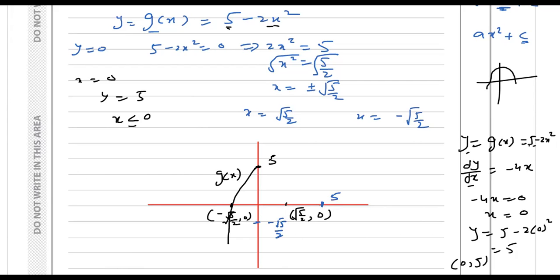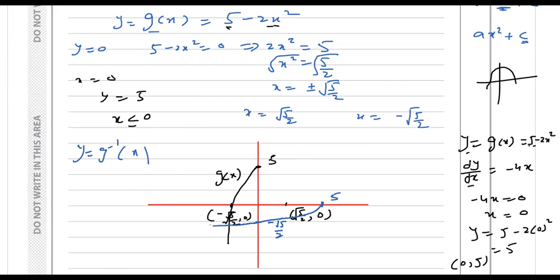So that 5 will be here, and then you will not go to the positive side of the y-axis, because the condition for g of x was x less than or equal to 0. So when you take g inverse x, you will not go to the positive side of the y-axis. The graph will look like this.